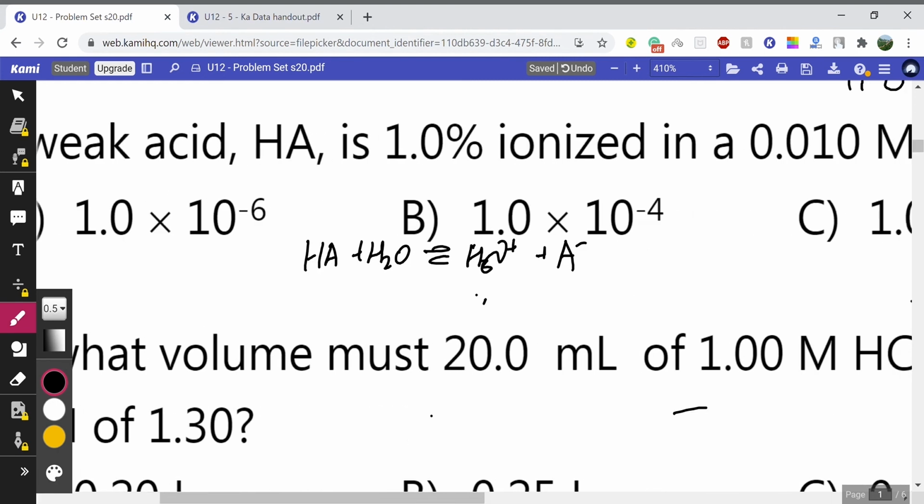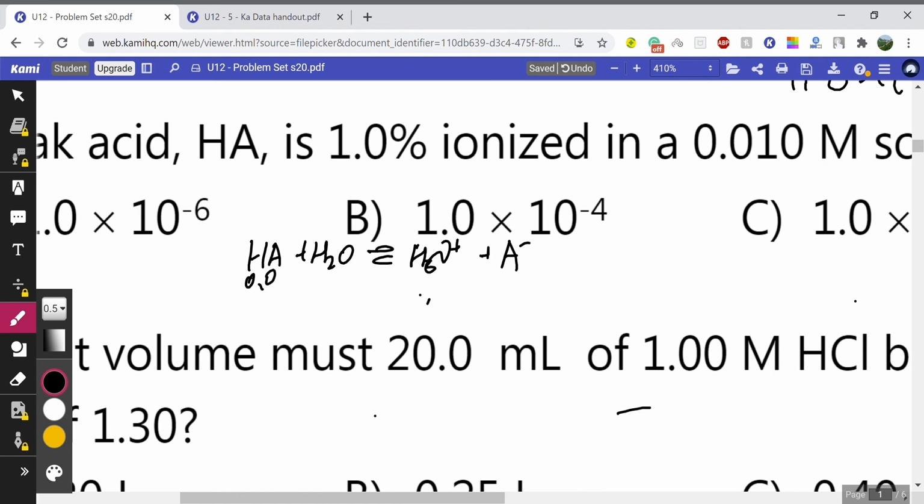Now we have 0.01 to start off with, and we're going to subtract x. What is x? Only 1% is ionized. So what is 0.01 times 1%? It's going to be 1.0 times 10 to the negative fourth. This one will be 0 plus 1.0 times 10 to the negative fourth, and the other is 0 plus 1.0 times 10 to the negative fourth.